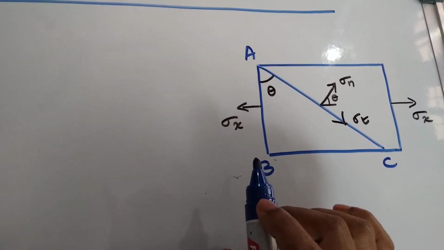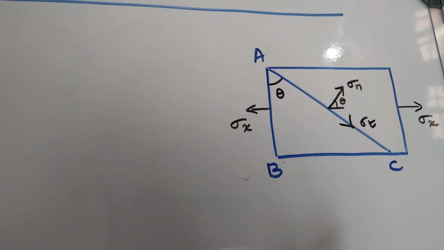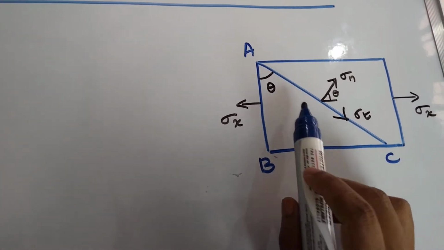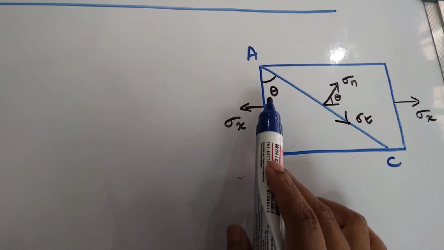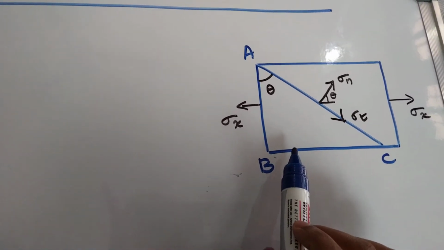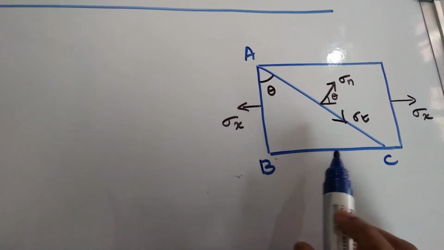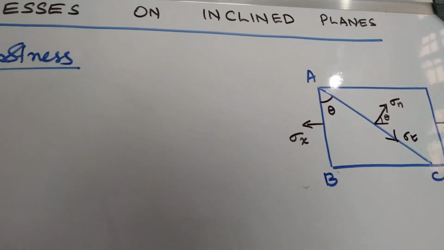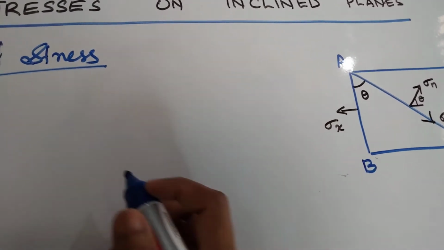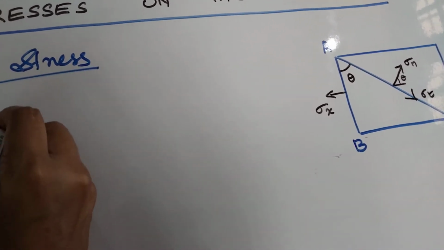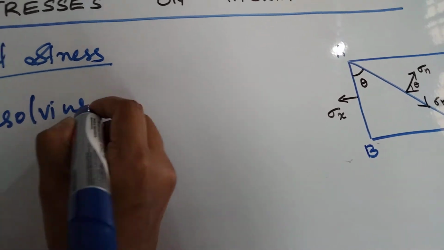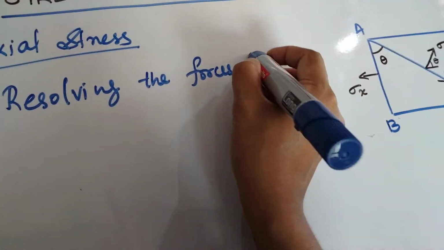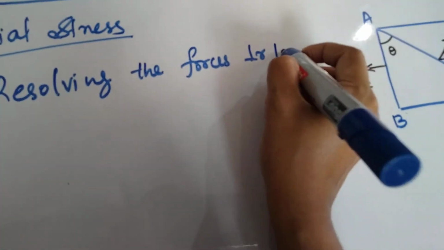The expressions for sigma n and sigma t can be obtained by considering the equilibrium of a wedge element of thickness t. First we are going to resolve the forces perpendicular to the inclined plane.